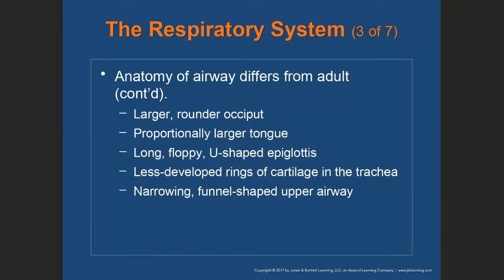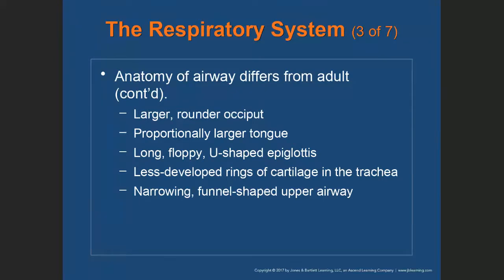Their occiput is larger or rounder, and that's the posterior portion of their head. Proportionally, they have a large tongue. The epiglottis is long, floppy, and it's U-shaped. There is less development in the rings of the cartilage in the trachea.